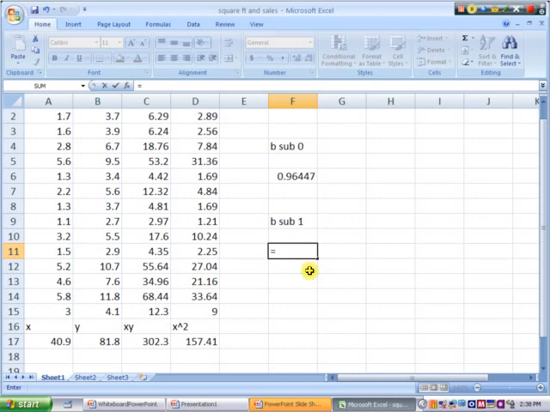And all that's your numerator, so we need a parenthesis for that. N is 14 multiplied by the sum of the xy, that would be this, minus sum of the x's, that would be this, 40.9, multiplied by sum of the y's, that would be this, and now close your parentheses because that's the whole numerator.